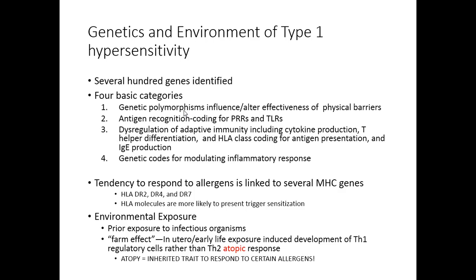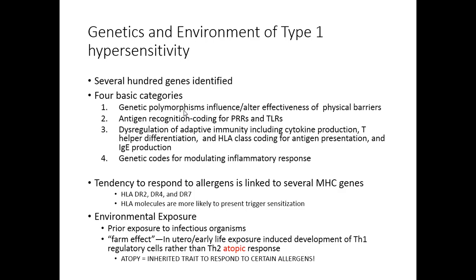So the first category are those genetic mutations that influence or alter the effectiveness of physical barriers within the innate immune system, those that are able to keep allergens out.